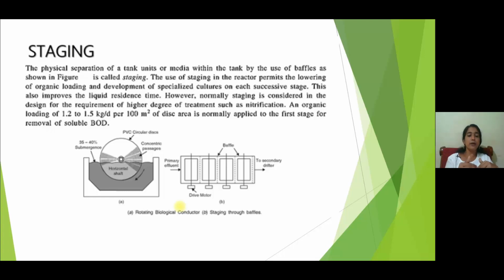This also improves the liquid residence time. Here, the organic loading rate is 1.2 to 1.5 kilogram per day per 100 meter square of disk area, normally applied to the first stage for removal of soluble BOD.